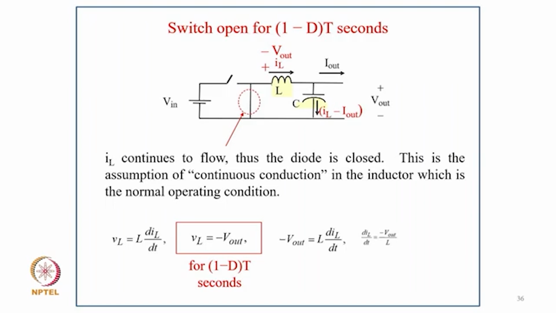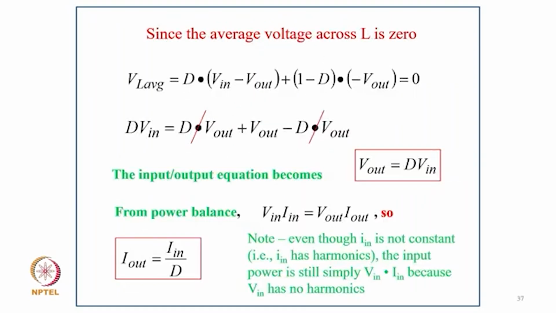So VL equals L dIL upon dt, or VL equals minus V out, so dIL upon dt equals minus V out upon L. It means the current starts decreasing because of the minus sign. It remains so for (1 minus d) times T seconds, where the diode conducts, and we consider here the continuous conduction mode.